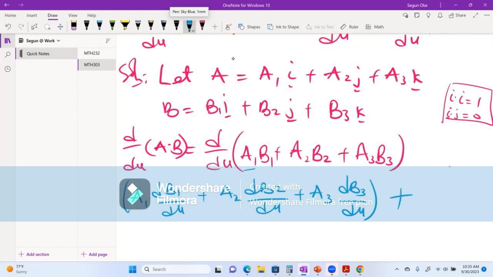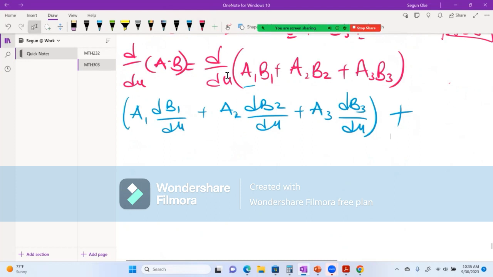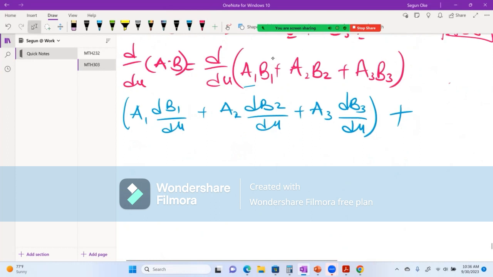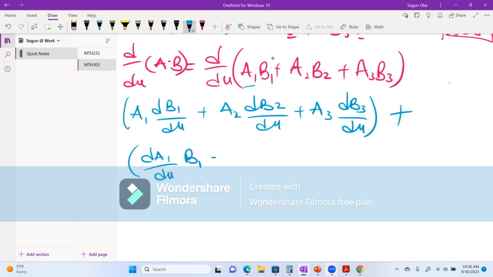Then plus, remember I only did this for A, I will do the same thing for B. In this case now, dA1/du B1 plus dA2/du B2 plus dA3/du B3.